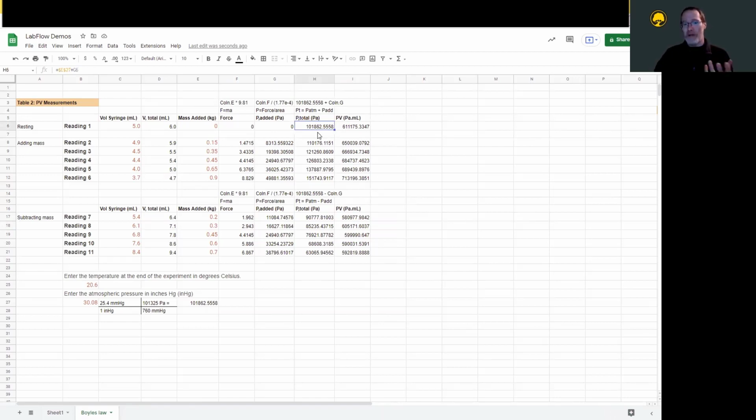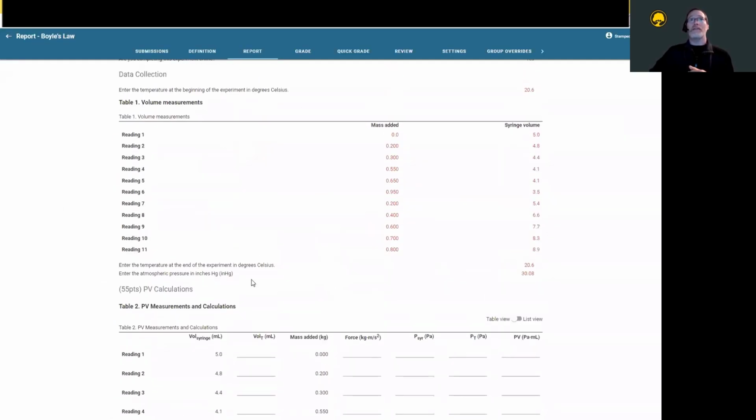Now, where did that number come from? Well, they did tell me in my data up here that the atmospheric pressure measured in inches of mercury was 30.08 in my set of data, 30.08 inches of mercury.